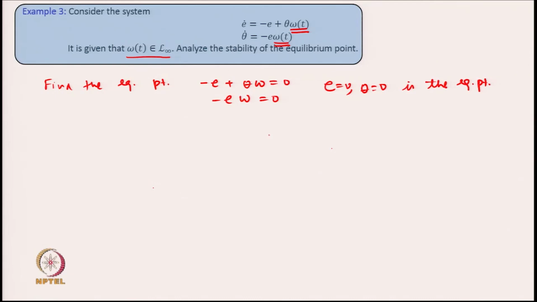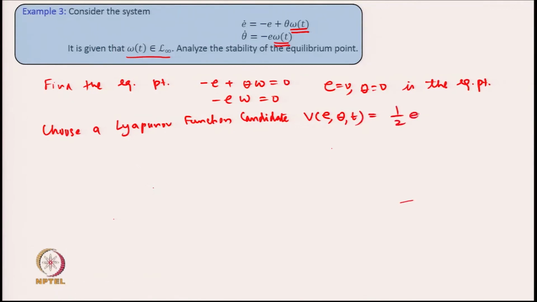So, let us choose a Lyapunov function candidate, V, as half E square plus half theta square. This is the most commonly used Lyapunov function candidate, the sum of squares.